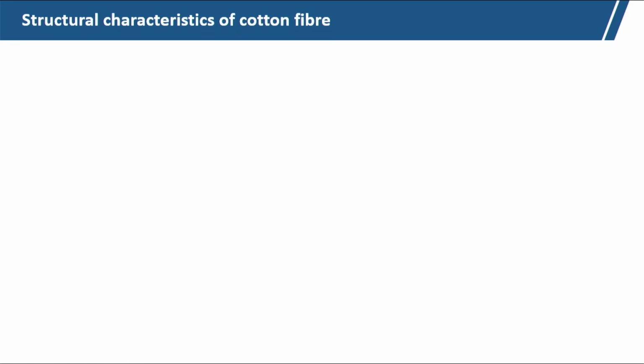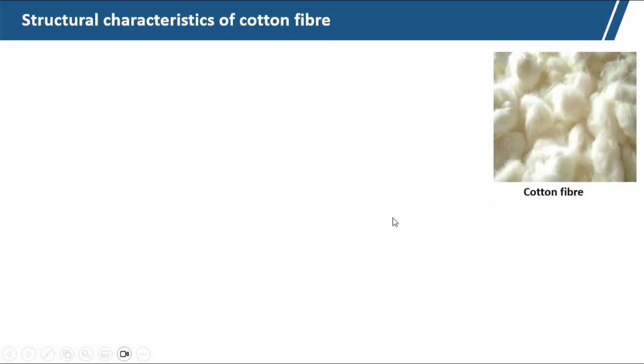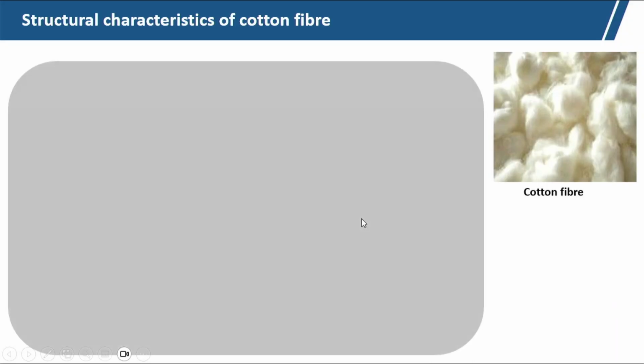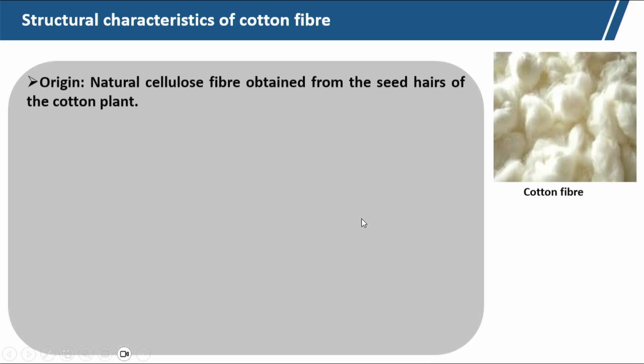Structural characteristics of these fibers, like cotton fiber. It is of natural origin. It is a cellulosic fiber in an oriented form, and it is actually obtained from the seed hairs of the cotton plant.